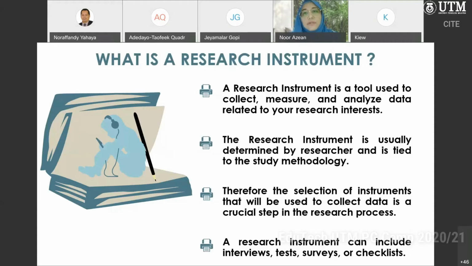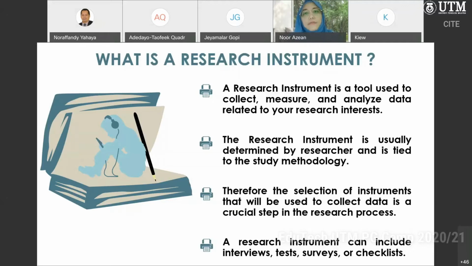Therefore, the selection of instruments that will be used to collect data is a crucial step in the research process. A research instrument can include an interview, test, survey, or checklist. As you know, this is the basic of the research instrument, but each of these can be rearranged accordingly to our research question.